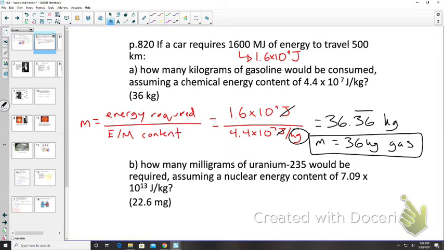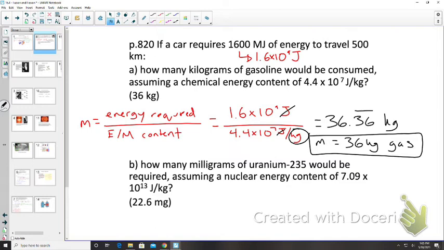Now for this next example, where we actually do have a nuclear example, again, we don't want to use E is equal to mc squared here because we know our energy and or energy mass content. So we want to just find out the mass which we are burning, or how much mass we need to burn to satisfy that energy distance, I suppose.